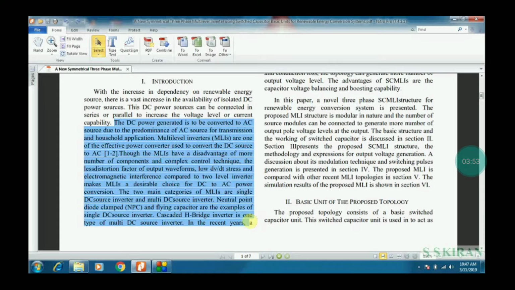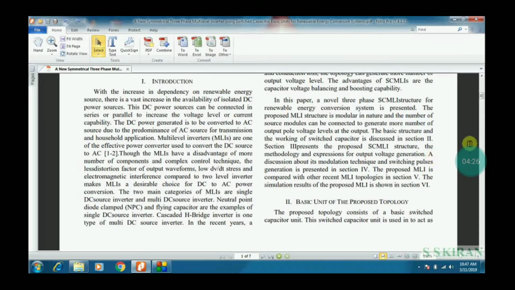MLIs are one of the effective power converters used to convert DC source to AC. Though MLIs have the disadvantage of more components and complex control techniques, they give less distortion factor in output waveforms. Obviously, it is a multi-DC source inverter.